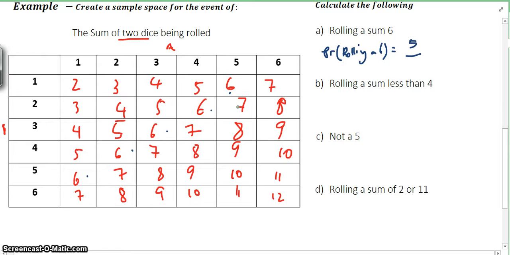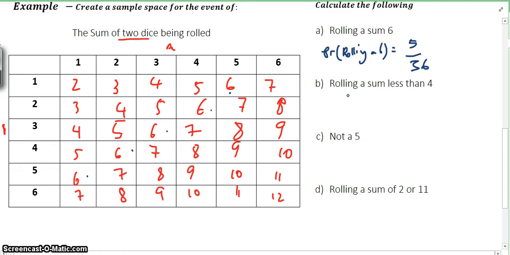But how many possible outcomes can we have? In other words, how many total outcomes can we see here? Well, there's a total of 36. And how do we do that? Well, we can just count up the number of squares that we have. So there's 1, 2, 3, 4, 5, 6, 7, 8, 9, 10. Or we can just say there is 6 times 6, which is 36. So this will be 5 out of 36.